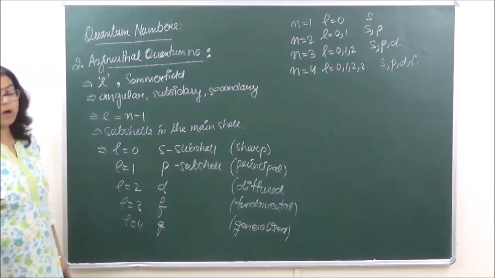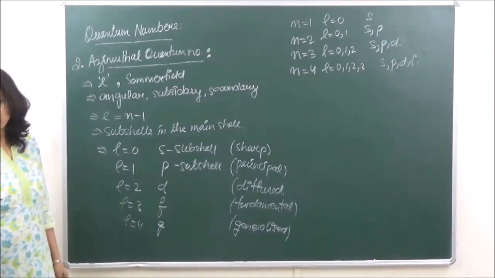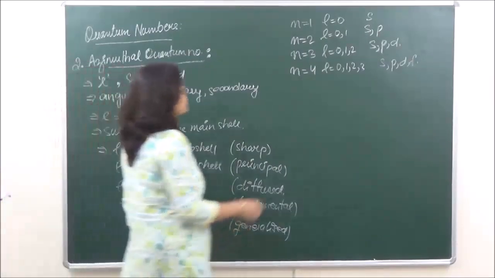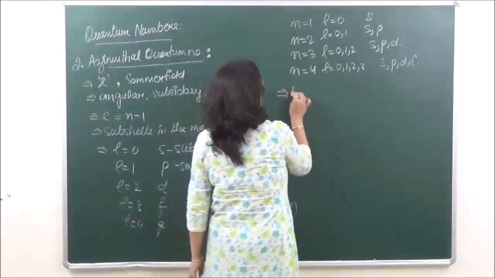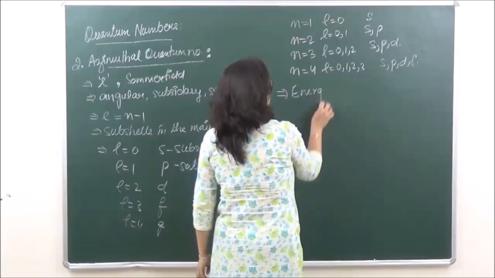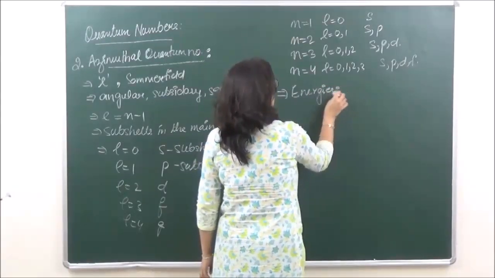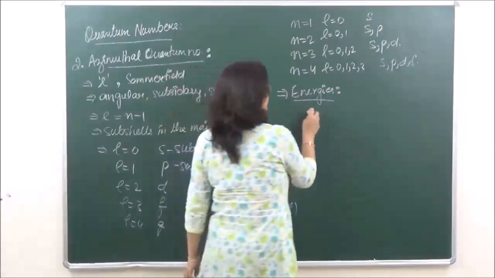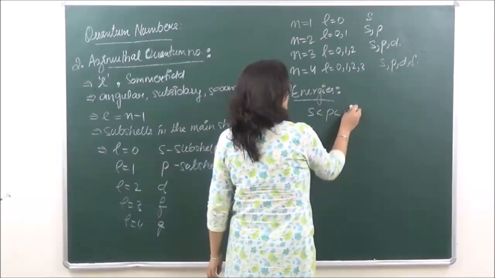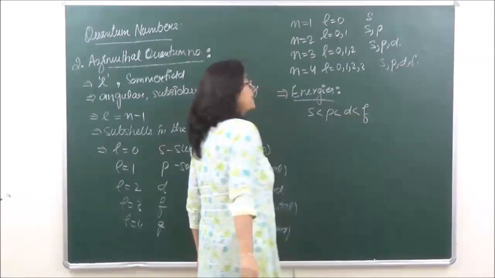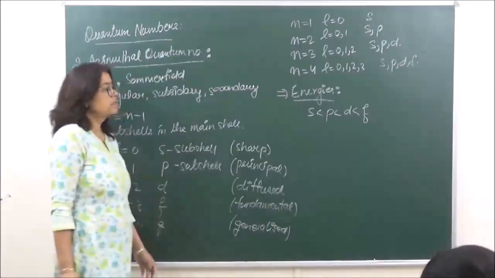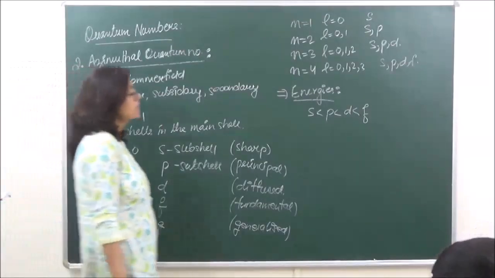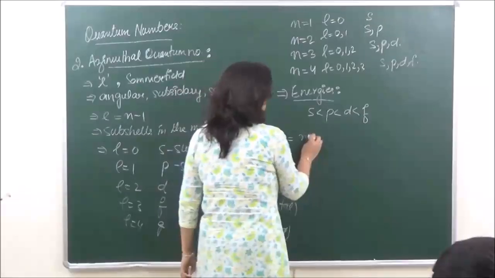So this is what the subsidiary quantum number is. Now, when we are talking of energies of the various subshells, S had the least energy, then P, D and F. This is how the energies kept on increasing.